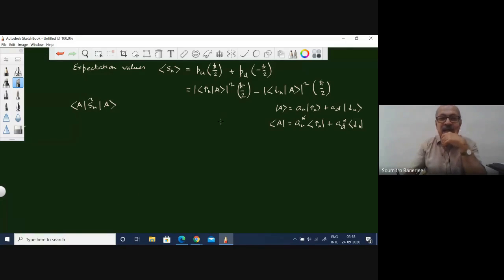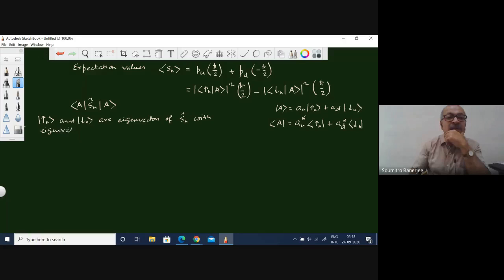And also we have seen that up n and down n are eigenvectors of Sn with eigenvalues plus h cross by 2 and minus h cross by 2 along the n direction.